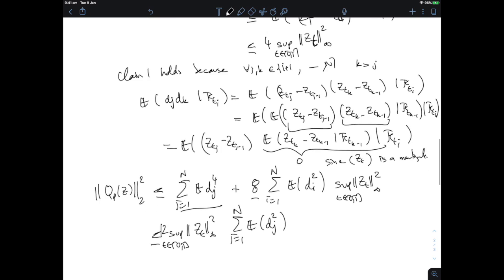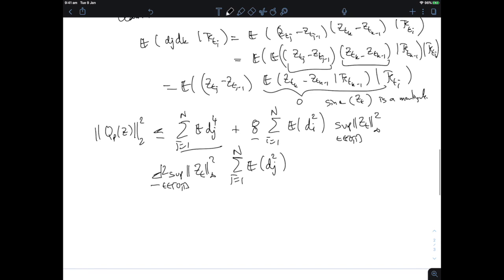But then again, I've got a martingale, so the differences of the martingale are orthogonal to each other. So this thing here is 12 times this sup times the expectation of the sum of the dj's, all of that squared, because all of the cross terms again disappear using the martingale property.